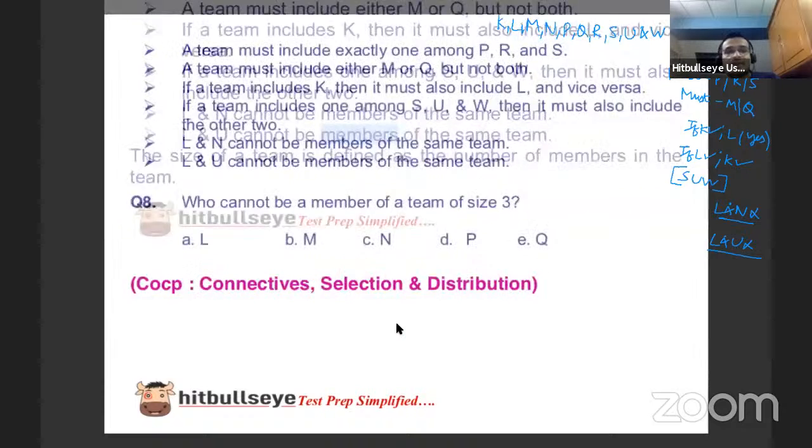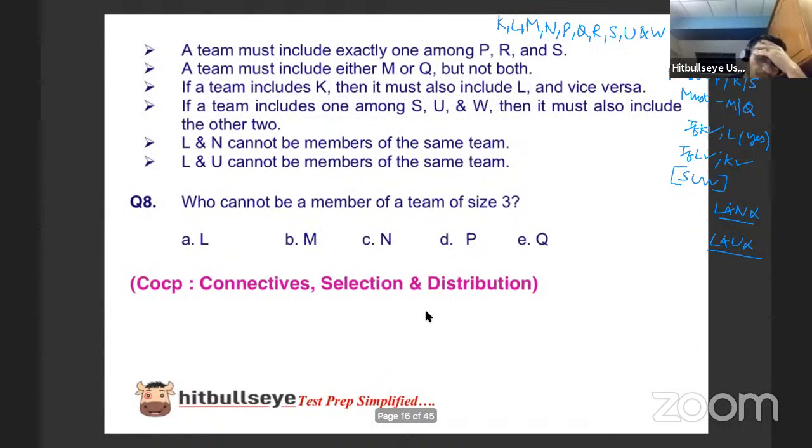Let's try and go and see the first question, what it is, and try solving. 30 seconds, we'll discuss.